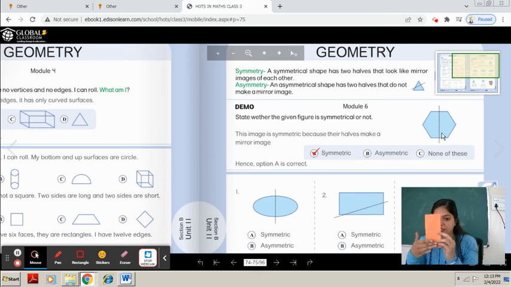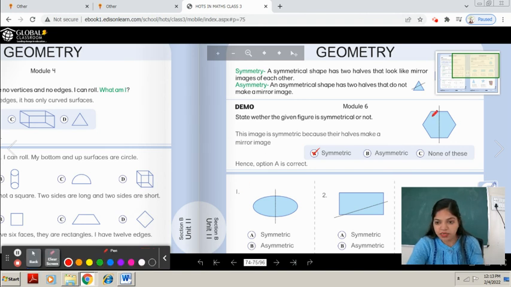So in this way you can find out the symmetrical shapes and asymmetrical shapes. Now in this figure you can see, students, this half, yes, it is covering the other half.